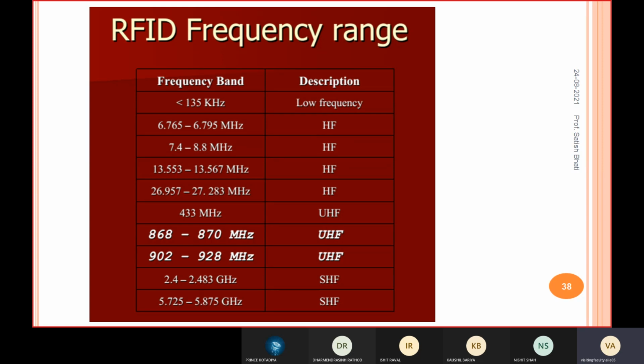which frequency are we using for this RFID? We have divided that frequency into some portions like LF, HF, UHF, and SHF.